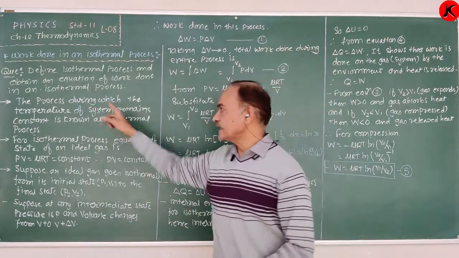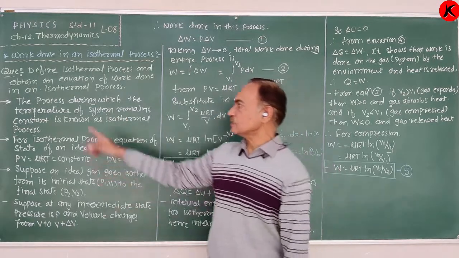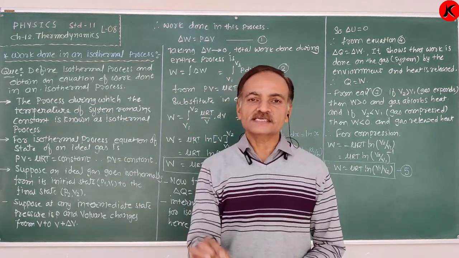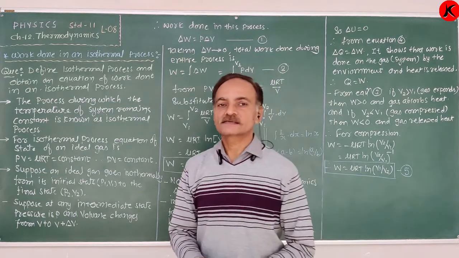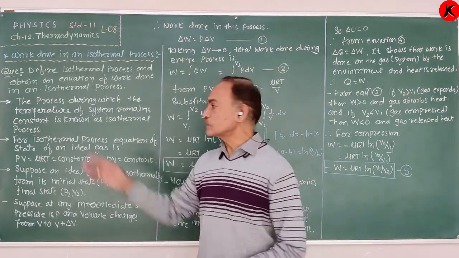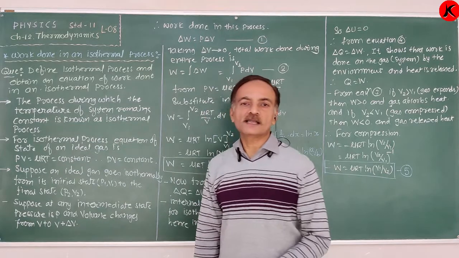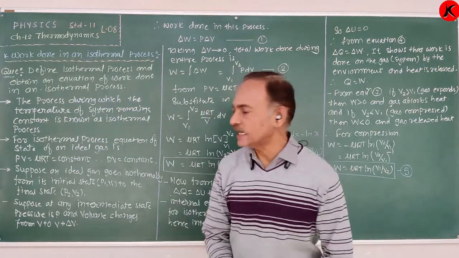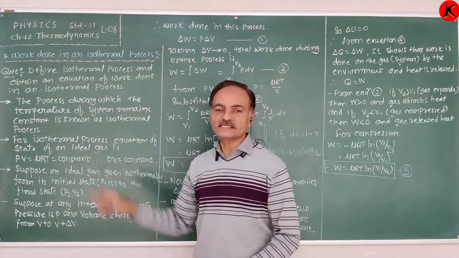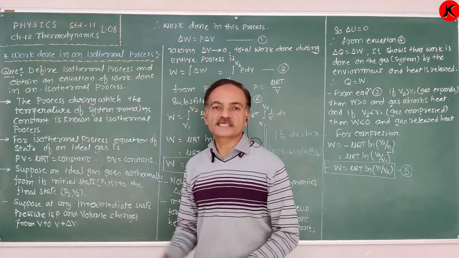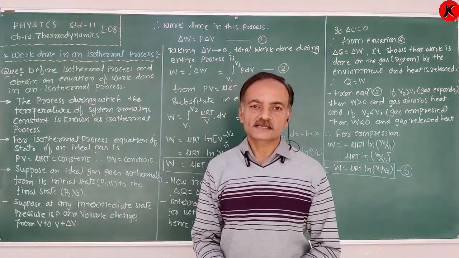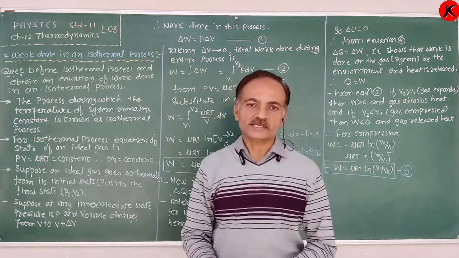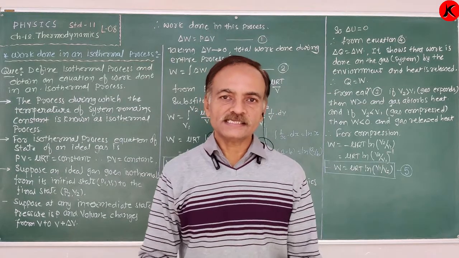So the definition is that the process during which the temperature of the system remains constant is known as an isothermal process. Clear this definition?